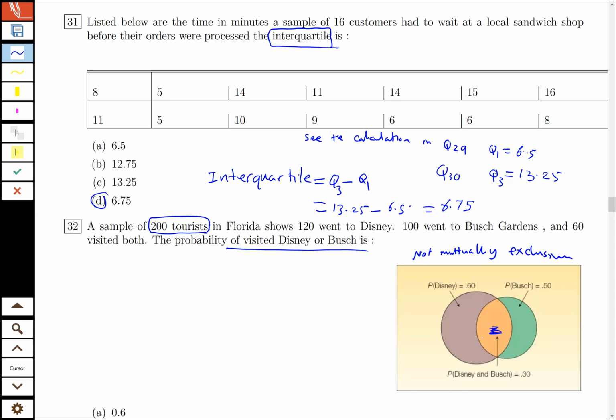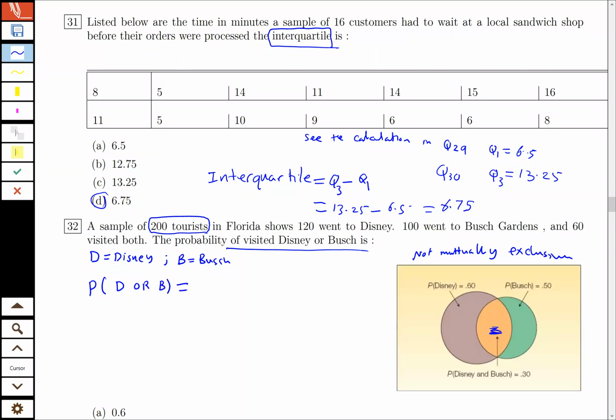That's why, let me call the first event Disney, D, stands for the event Disney, and let me call B the event Busch. So what we want is the probability of Disney or Busch.